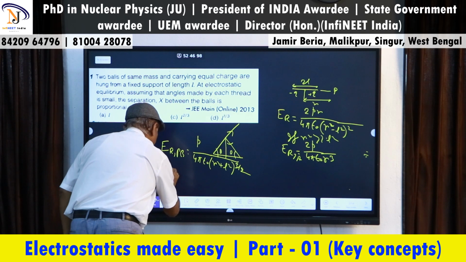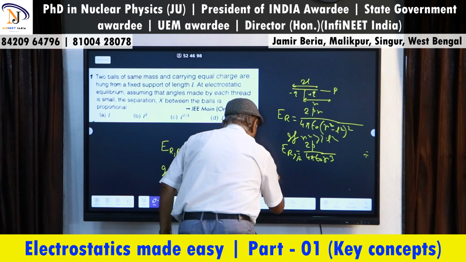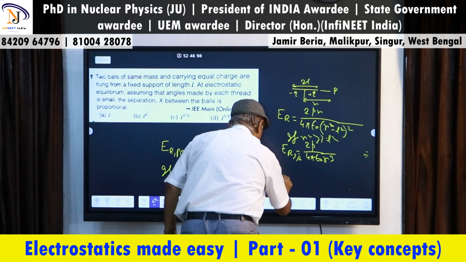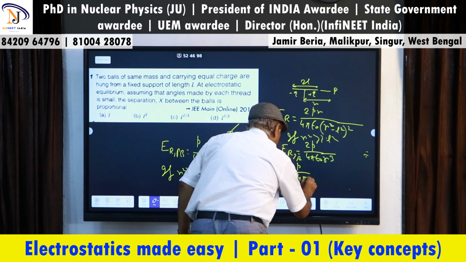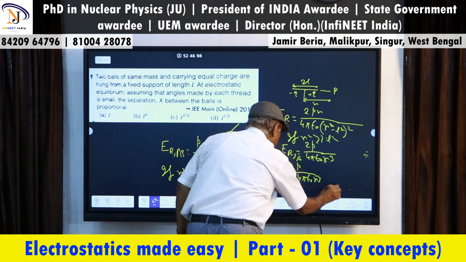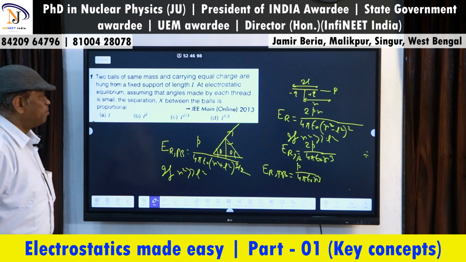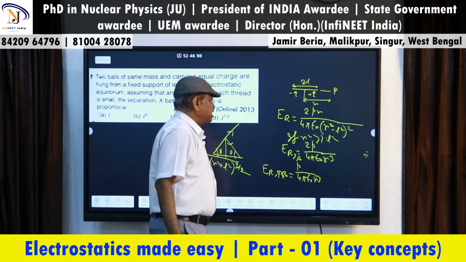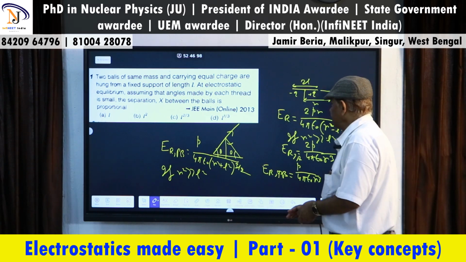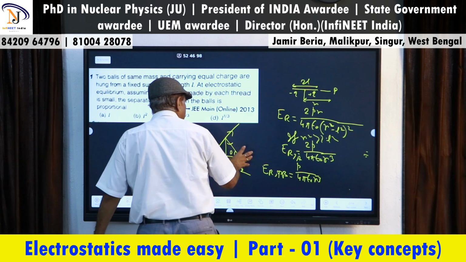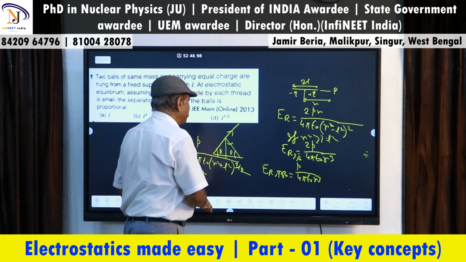And if R square is very much greater than L square, then E at the perpendicular bisector position equals P by 4 pi epsilon naught R cube. Am I clear or not? These are important relations you have to remember, and on the basis of these you can solve all the problems available here. This is for the axial position, and this is for the perpendicular bisector position.